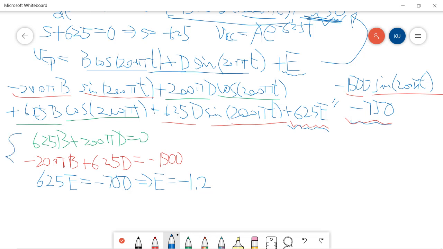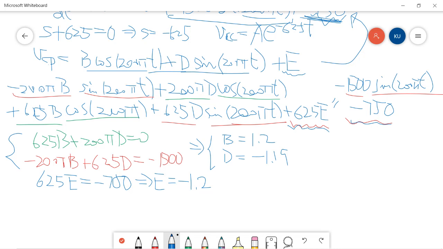And then actually we need to solve this. And actually b will be equal to 1.2, and d will be equal to minus 1.19.